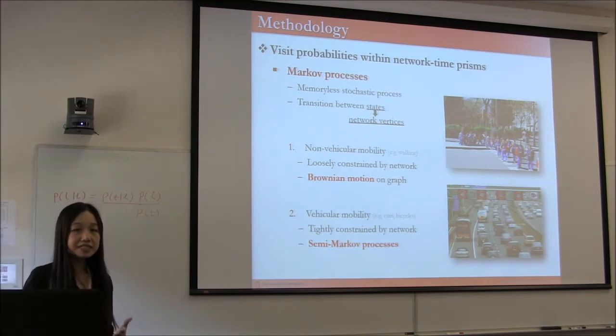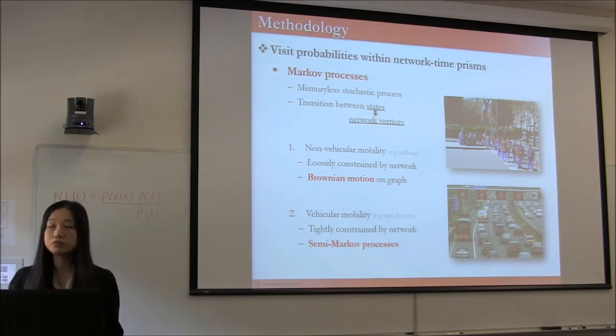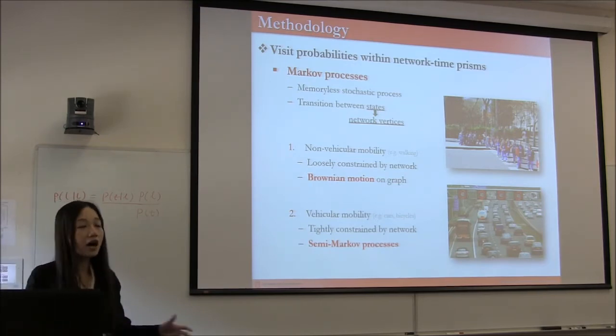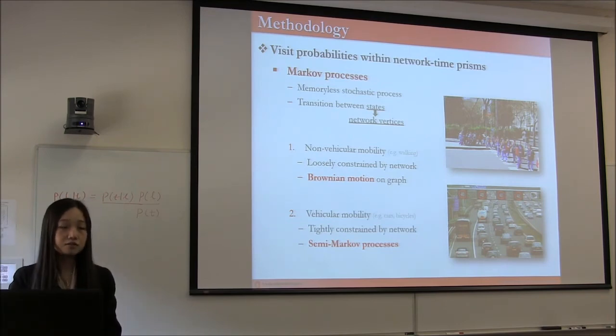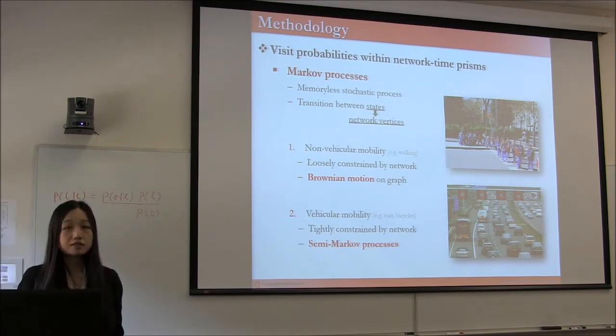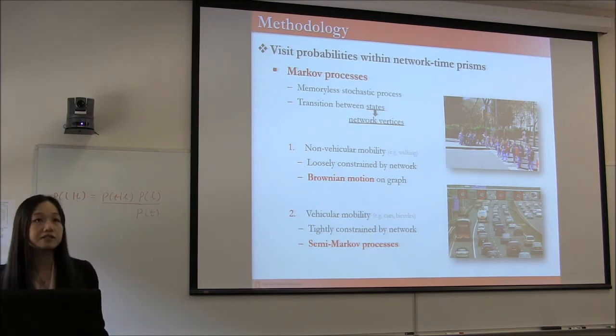The memoryless property means my current status, where I am right now, determines what I'm going to do in the future, no matter how I got here. So only the current status of the movement determines what happens next.